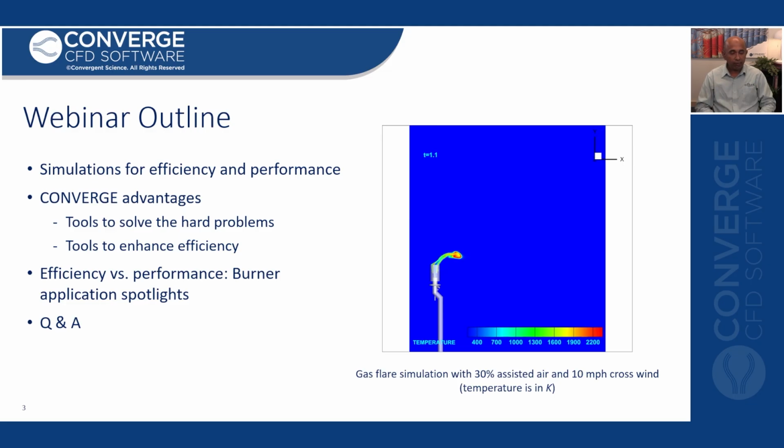And then I will be bringing out information as to what is the Converge advantage in both of these simulation types. For example, what are the tools available to you with Converge to solve the hard problems and the tools available to enhance simulation efficiency. And then I will be bringing out some application spotlights to show some past work with Converge on burners. And then we'll wrap up the webinar with some Q&A.